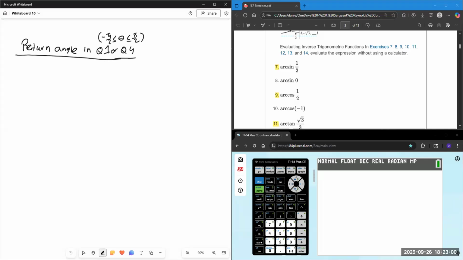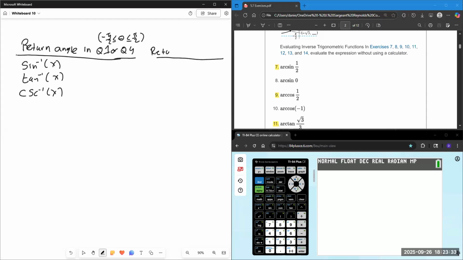Negative angles are going to be in quadrant 4, and positive angles are going to be in quadrant 1. These would be the arcsine function, the arctangent function, and the arccosecant function will return angles in quadrants 1 or 4.